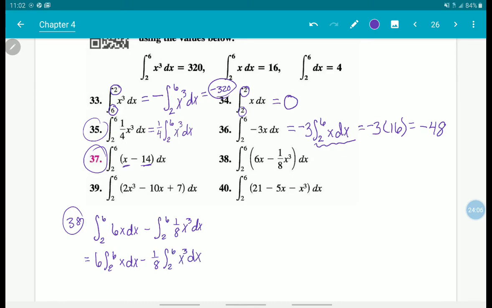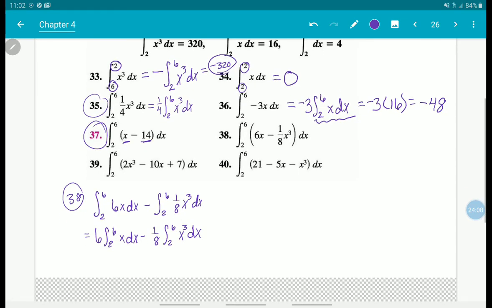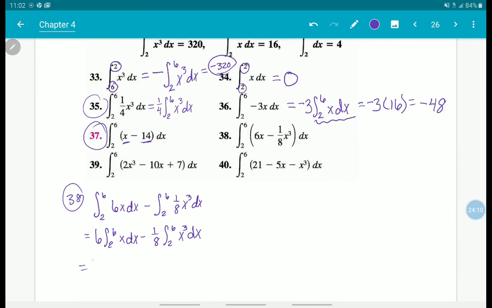So you can see how we're using these properties over and over and over again. We know this guy is 16. And we know this one is 320. So I got 56.